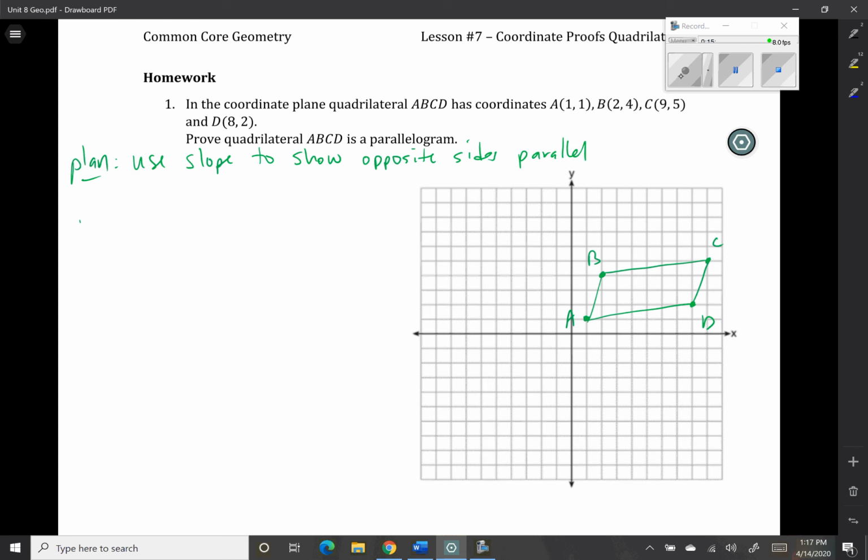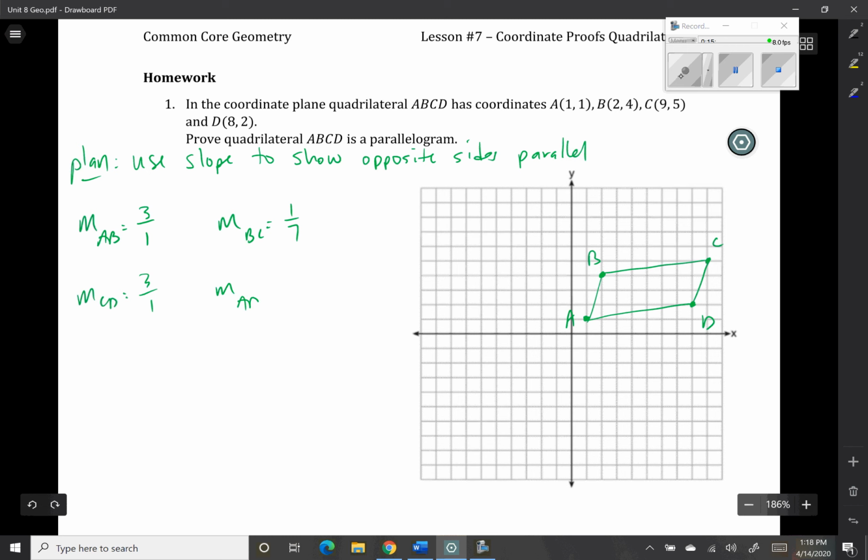Hopefully you did this. So slope of AB, up 3 to the right 1. Slope of BC, up 1 to the right 7. Slope of CD was also 3 over 1.